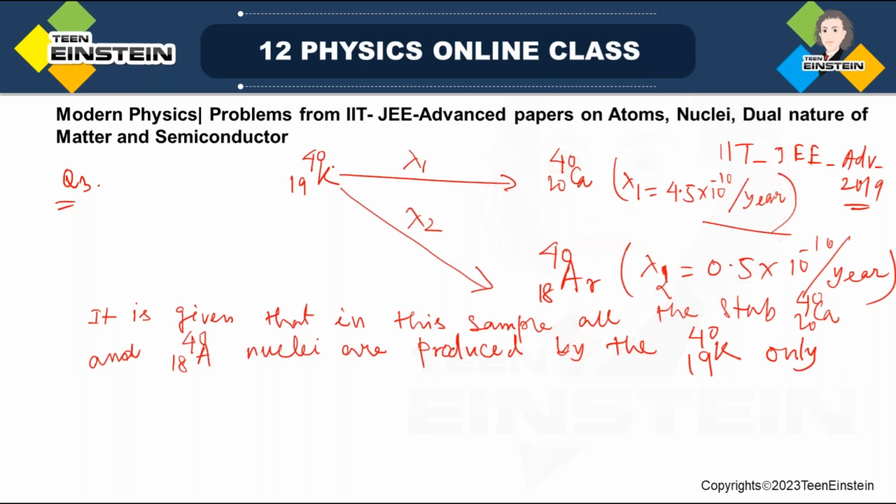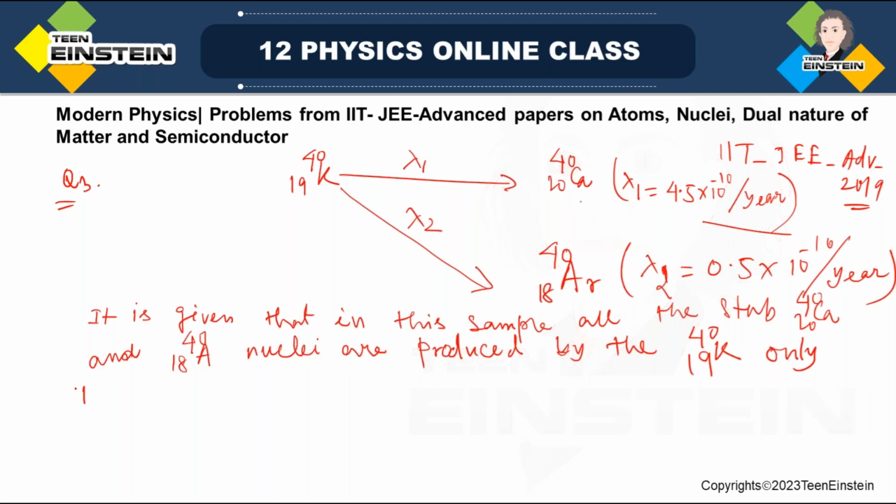That means just by the decay process from this nucleus in two pathways. So there is a sample where all three elements are present, and all the stable elements, calcium and argon, are produced by this potassium alone. Okay, so that is what is said here.